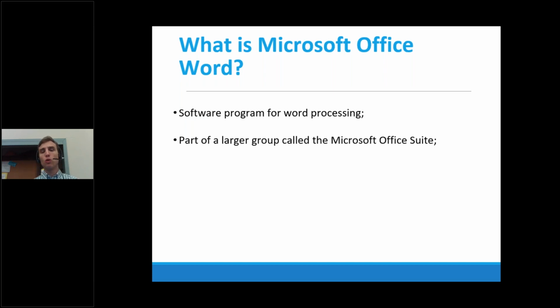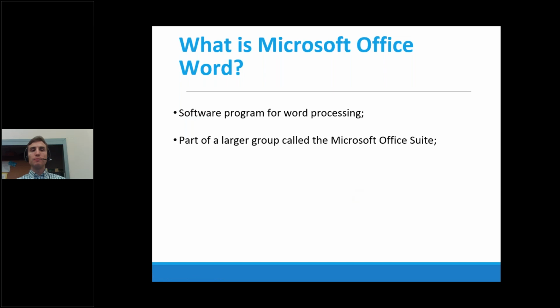Typically, when you are getting access to Word, you're doing that by subscribing to or purchasing Microsoft Office. And usually it's the home version, which includes the big three: Word, Excel, and PowerPoint. So it's part of that suite.